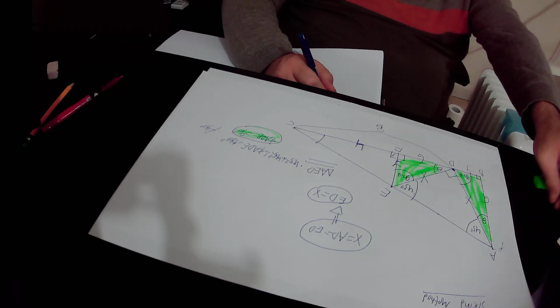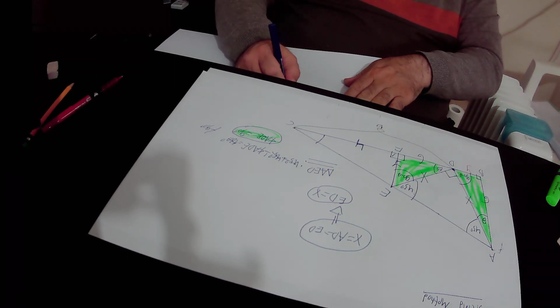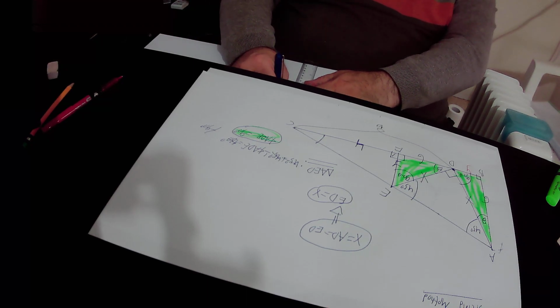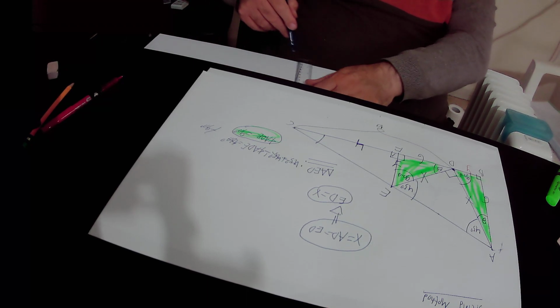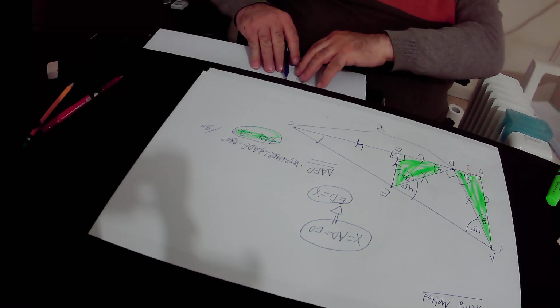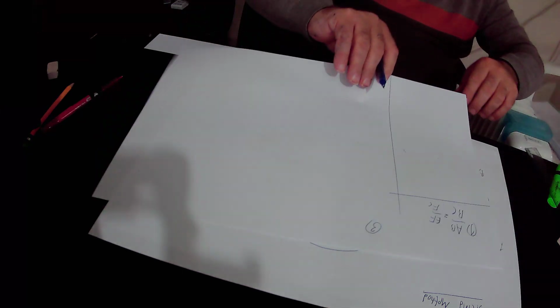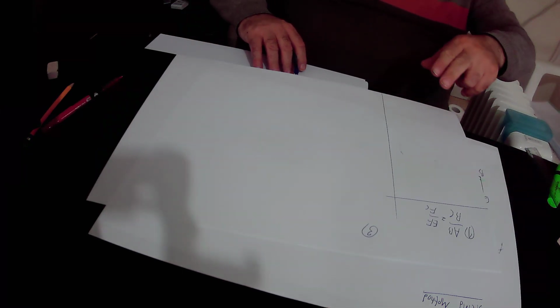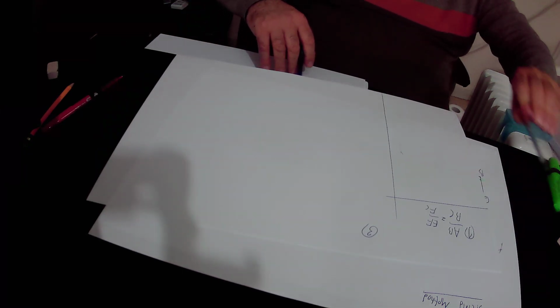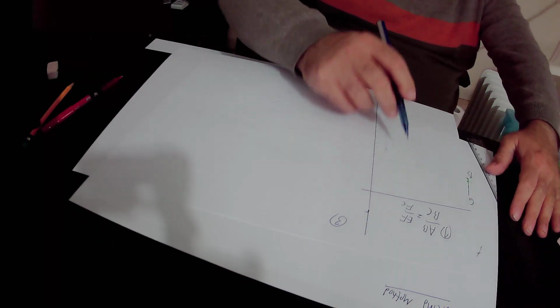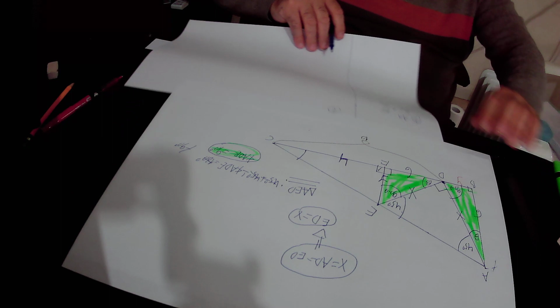Okay? I will repeat again, from the fact that triangle ABC is similar to triangle EFC, we will conclude that AB over BC equals EF over FC.